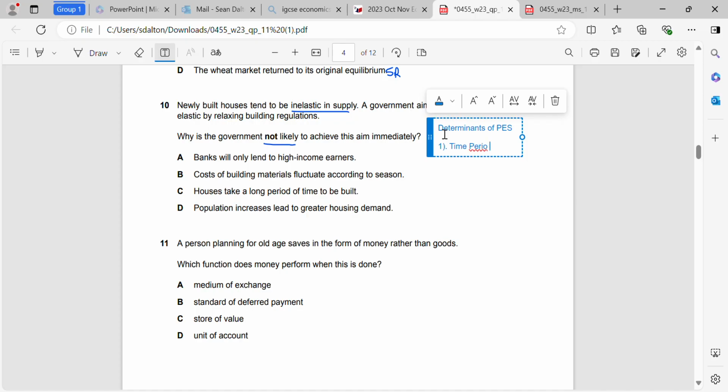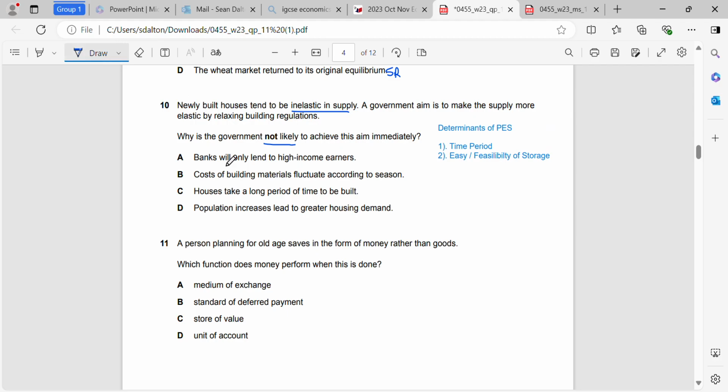Some of those reasons are the time period, the ease and feasibility of storage, etc. And you can go back to look at all those different reasons for PES. There's only 2 or 3 in total.